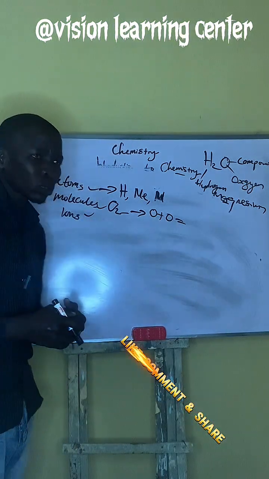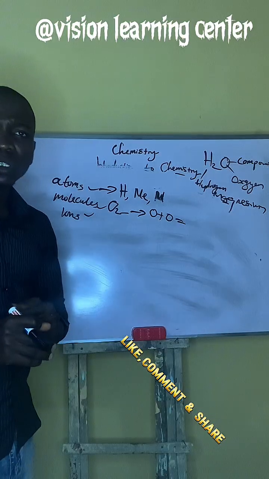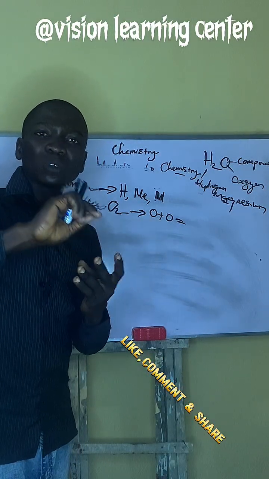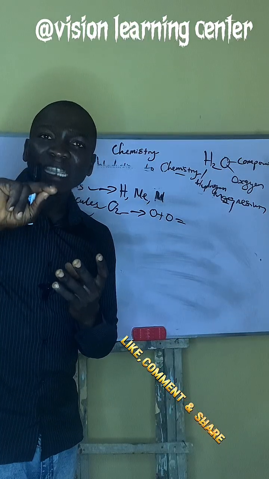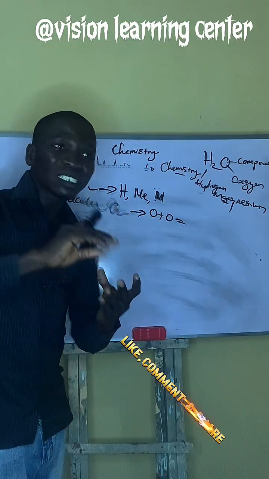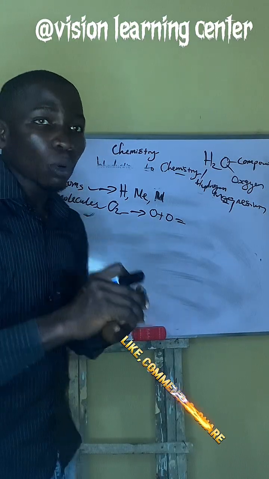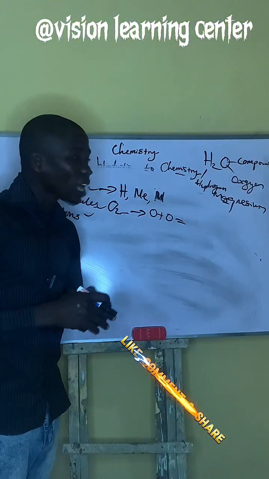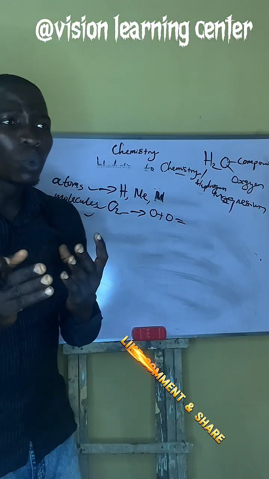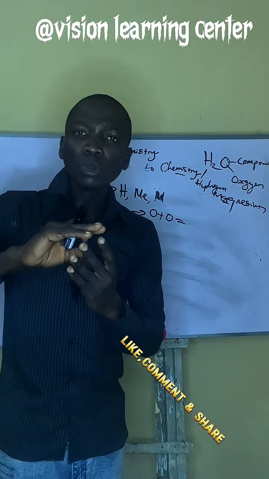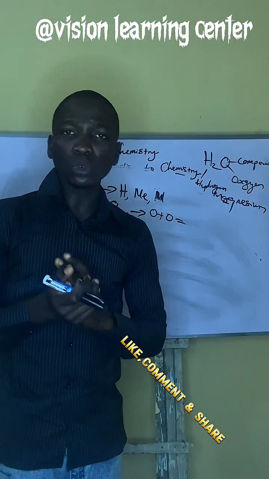What is an ion? Ions are elements that are charged. When an element tends to lose or gain electrons, it becomes a charged particle.